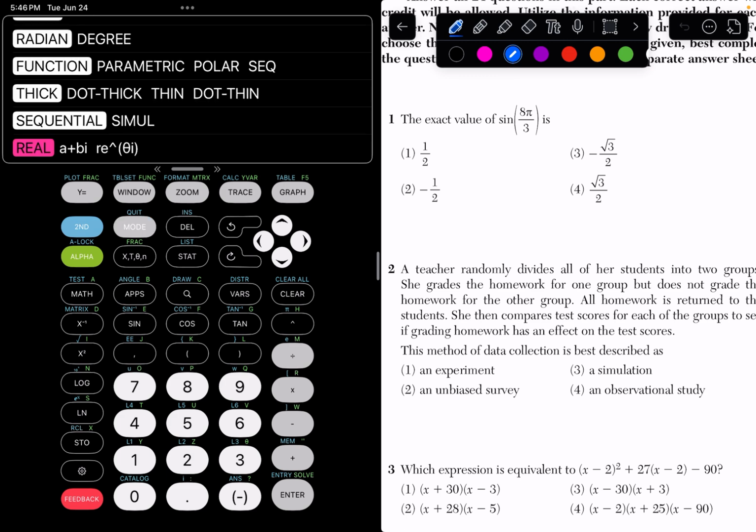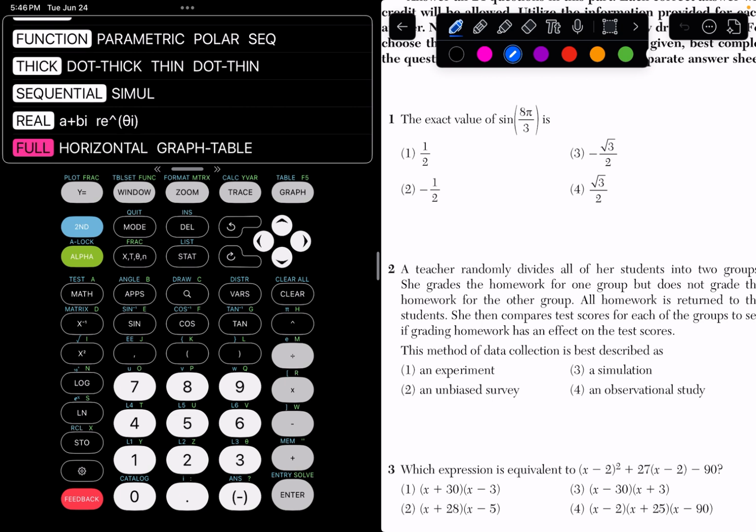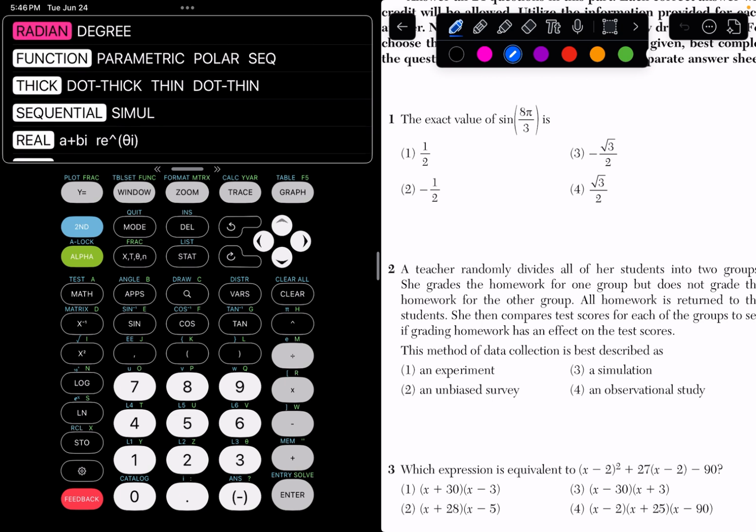So you go back to your mode and go down to radians, right? We want to change radians to degrees, and you'll see we're definitely going to use that in this regents.